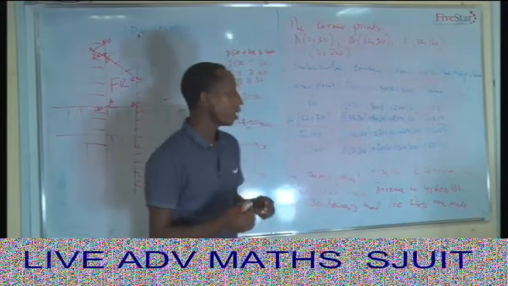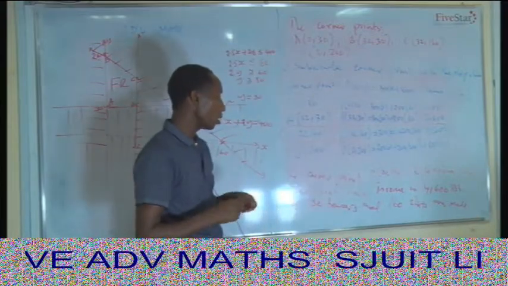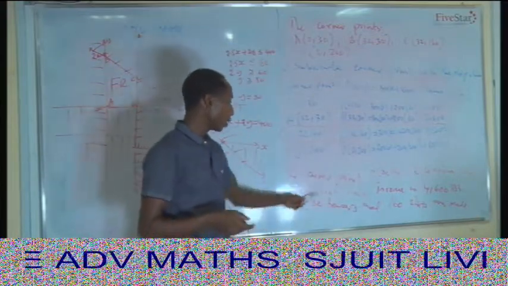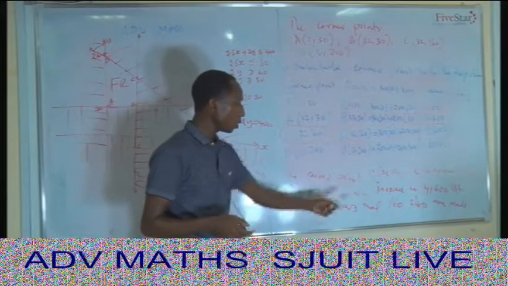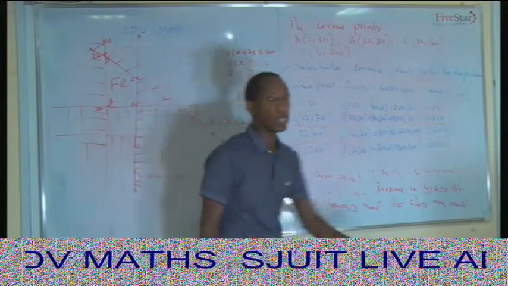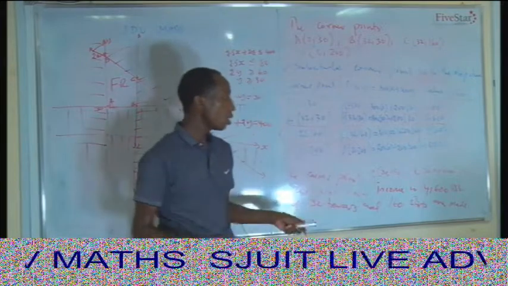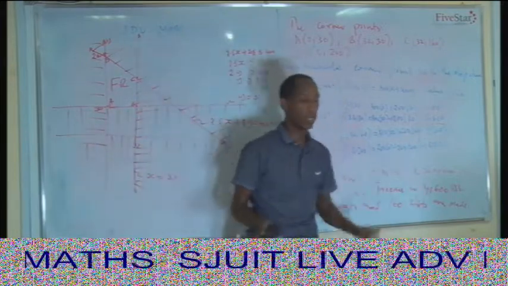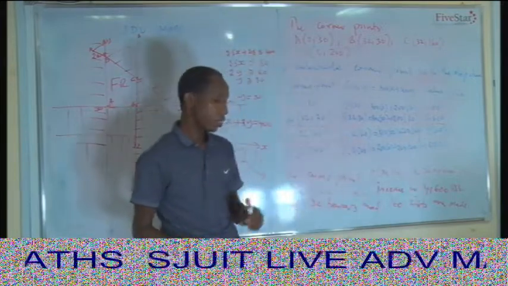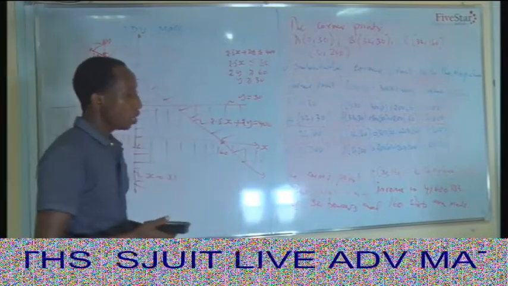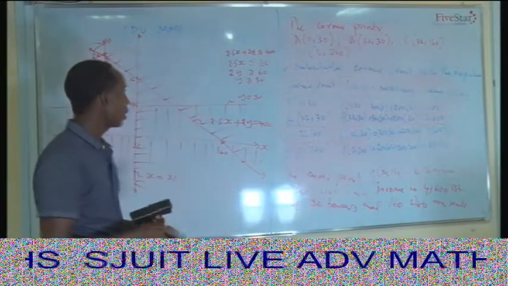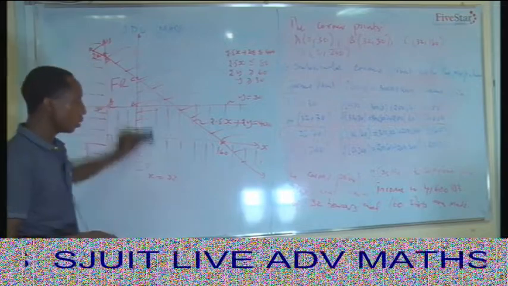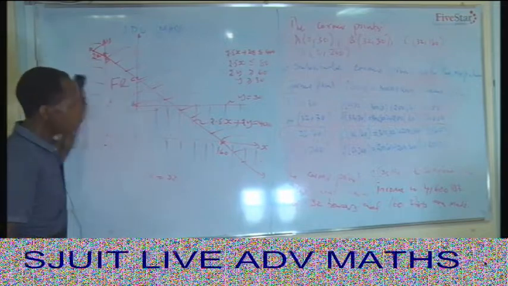So in order to get the maximum daily income, Catherine is supposed to manufacture 32 trousers and 160 shirts to get the maximum income daily, which is 41,600 Tanzanian shillings. Okay, so that is our first question, part A, which is linear programming.